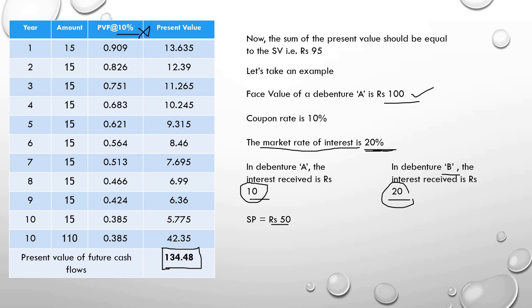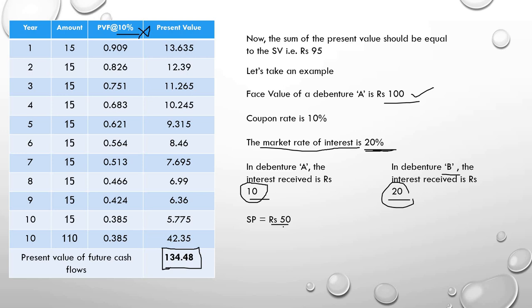And if you observe, that is exactly the same percentage that debenture B is giving. So if I am an investor, I am going to purchase debenture A for rupees 50 and company A is giving me interest of rupees 10. So my return is 20%. I am getting 20% return also when I am investing in debenture A. So the price is reduced to rupees 50.